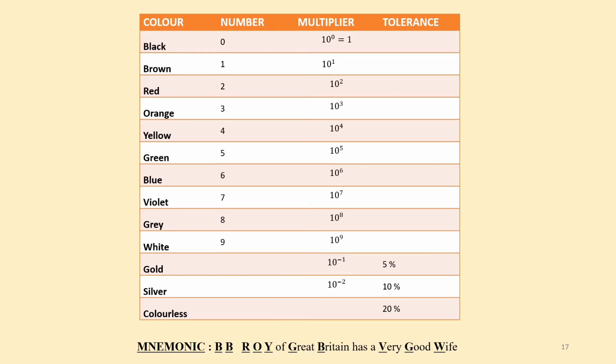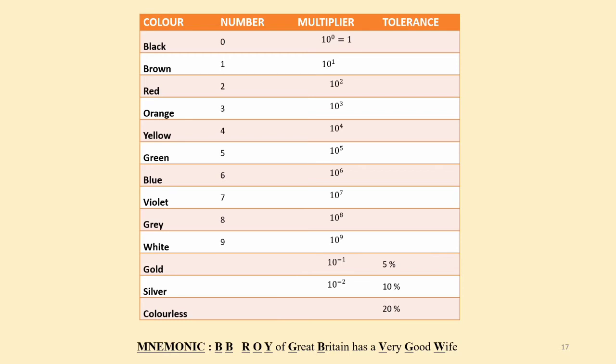So the numerical value assigned to black is 0, brown 1, red 2, orange 3, yellow 4, green 5, blue 6, violet 7, gray 8 and white 9.